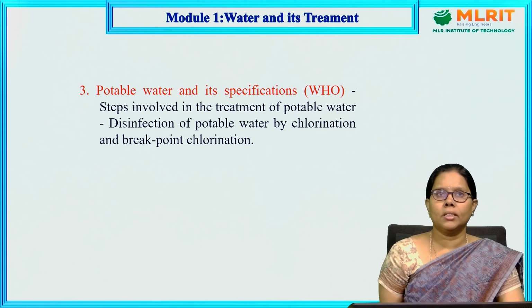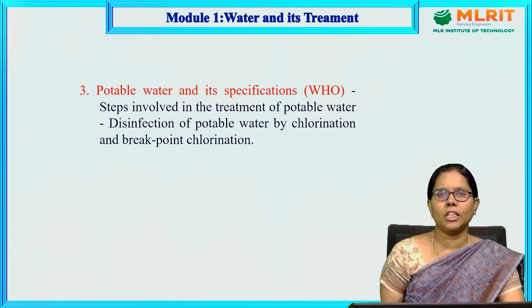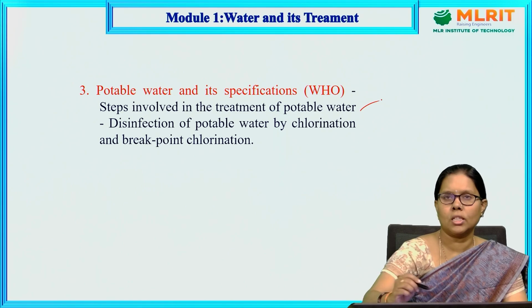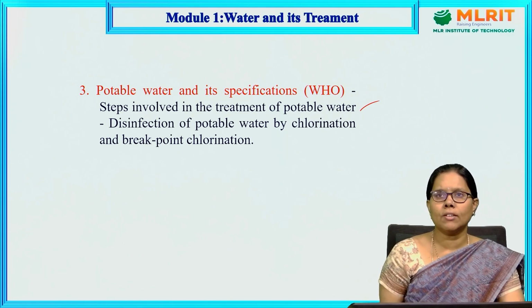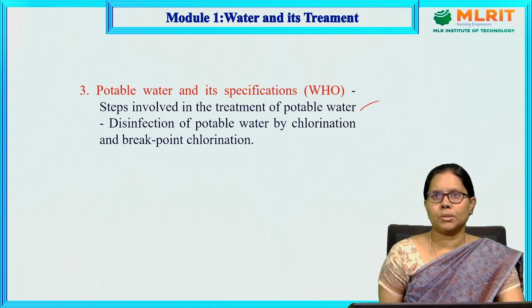The next topic is potable water and its specifications in detail. There are 7 steps involved in the treatment of potable water according to the World Health Organization. In India also we follow the 7 steps for the purification of water. Potable water is nothing but drinking water. What are the 7 steps?